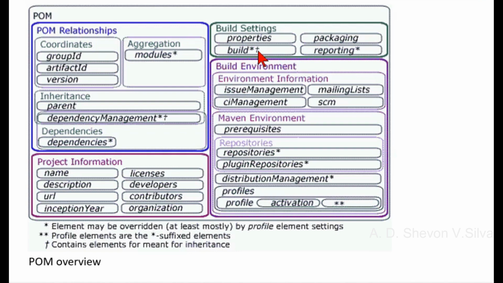Directories, the set of directory elements live within the parent build element, which set various directory structures for the POM as a whole. Since they do not exist in profile build, these cannot be altered by profiles.